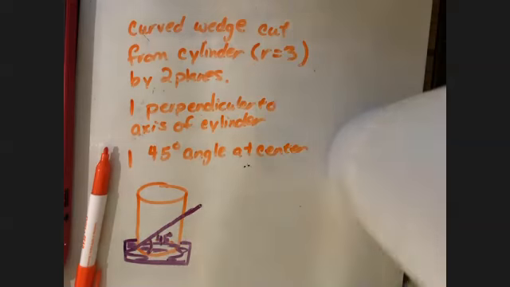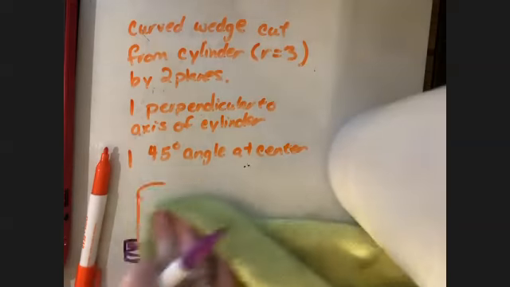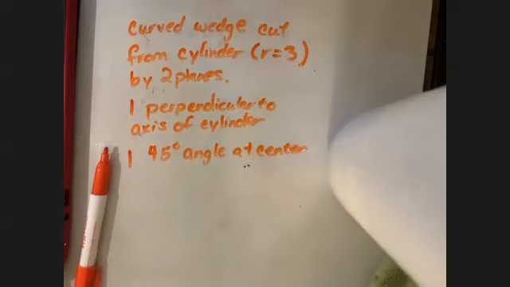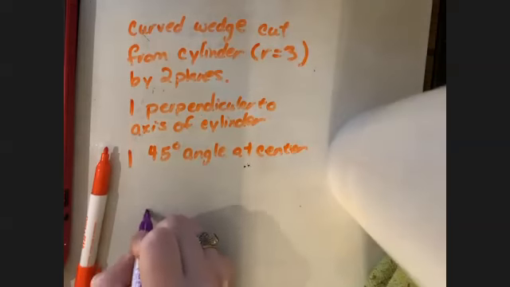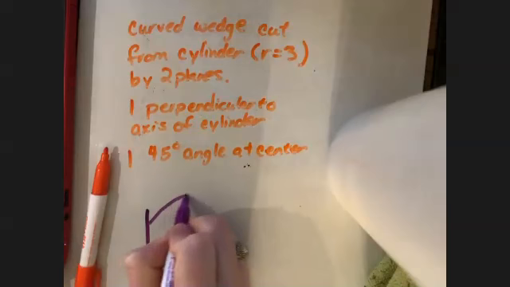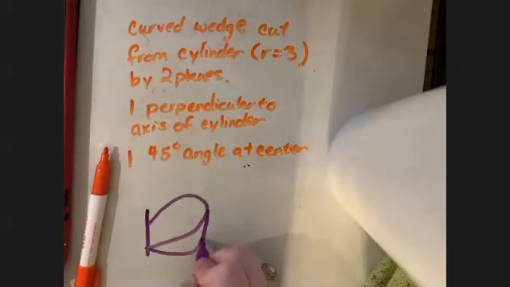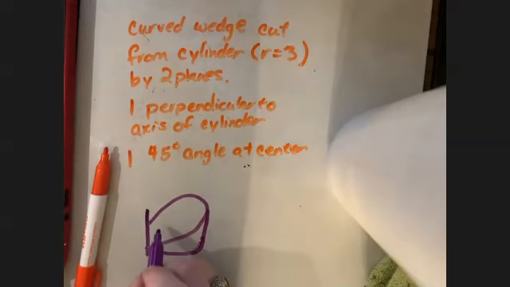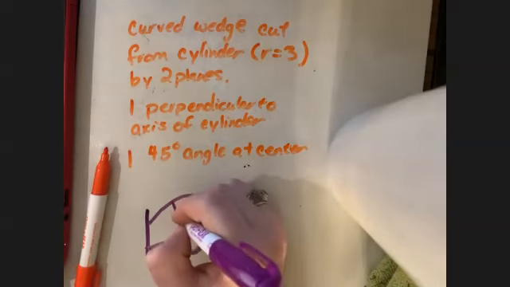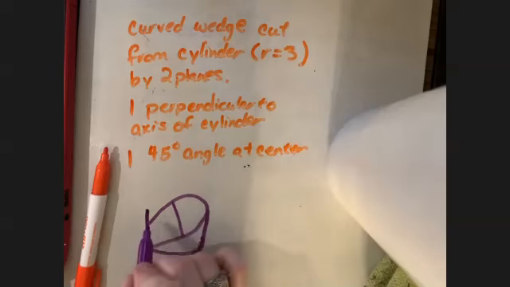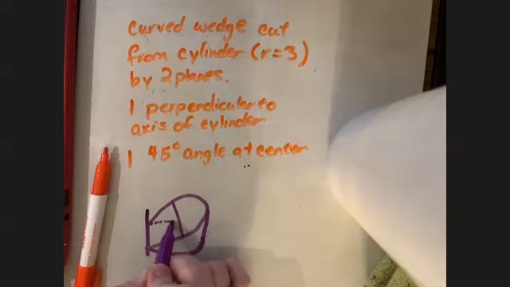Now I'm going to try and draw this a little bit better, just the wedge shape that we've got. Okay, so now let's do a cross section. You can kind of see this one.